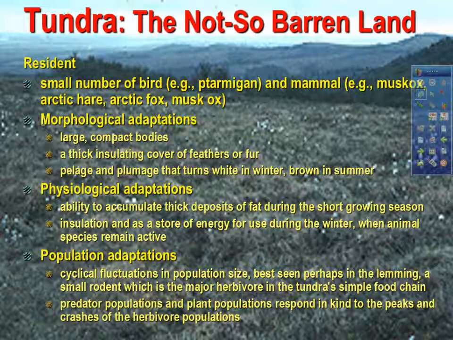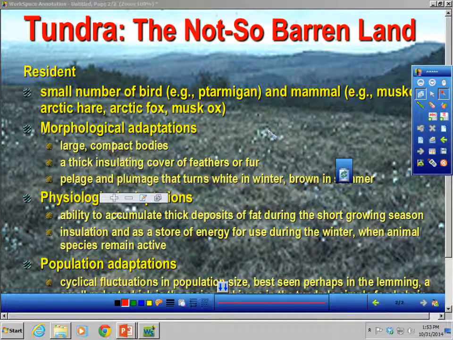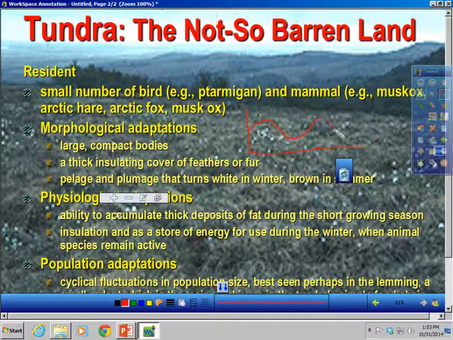And then for the population adaptations, you see that cyclic fluctuation that's really common. The best example that I can give you is the hare and the fox. So you see the rabbit population doing that S-curve population cycle around the carrying capacity right here. And it's cycling because the fox population is right behind it.